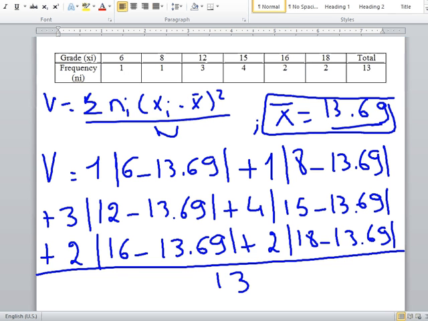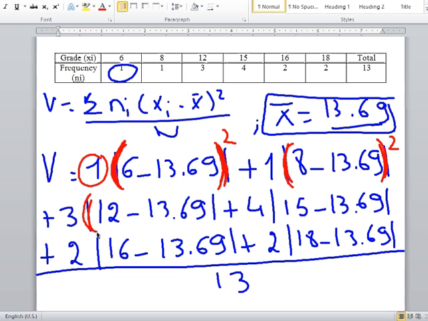Okay, Ni here it's 1, so I already here wrote 1, so this is 1 times xi minus x bar squared, so remove the absolute value that we found in the mean deviation, so you put this squared, plus same thing here, Ni is 1 times xi minus x bar squared, Ni is 3 for this one, xi is 12, so 12 minus x bar squared, and so on.